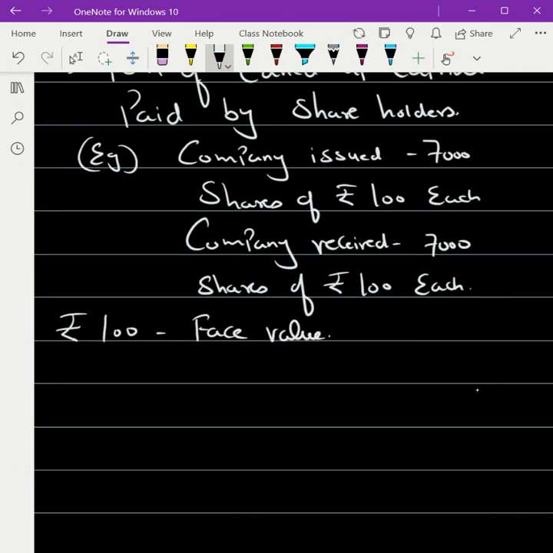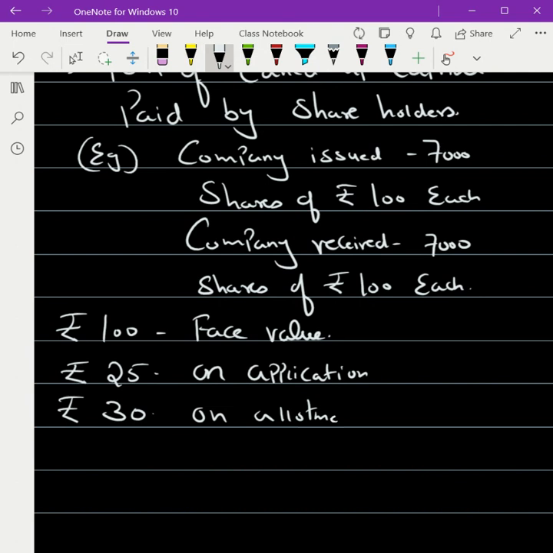In the problem, you have got the split up for the 100 rupees. Rupees 25 on application, another 30 rupees on allotment, and rupees 45 on first and final call.